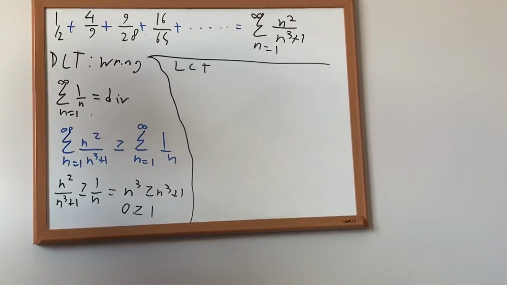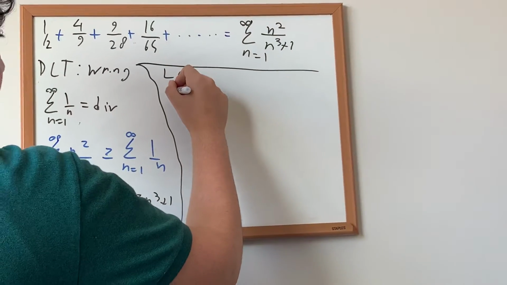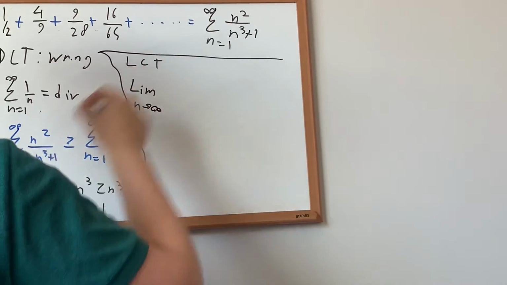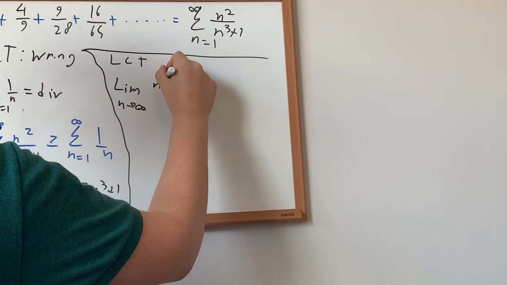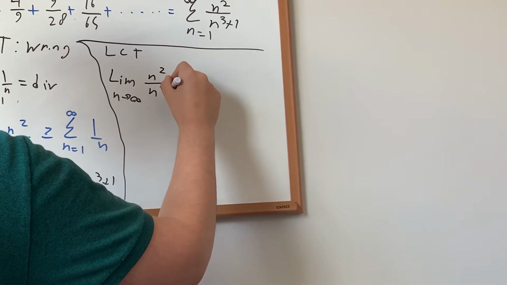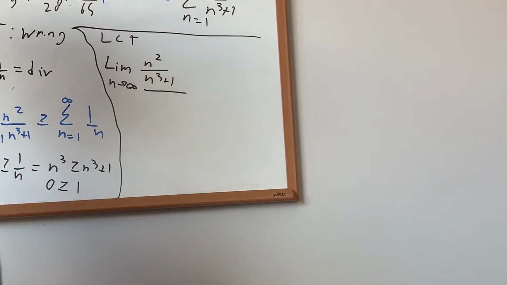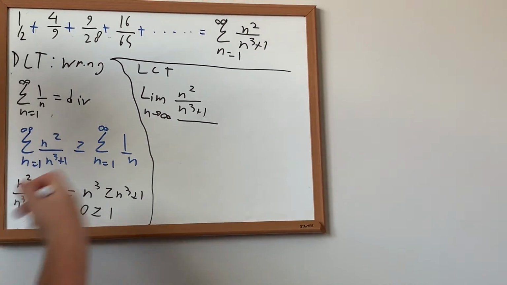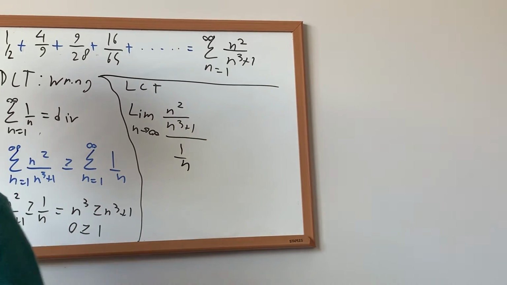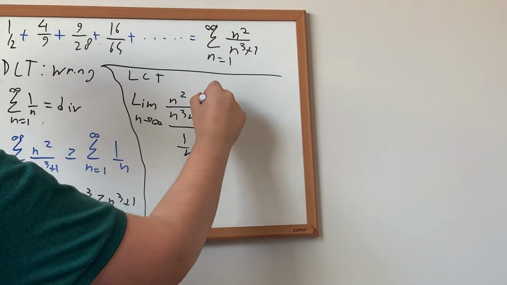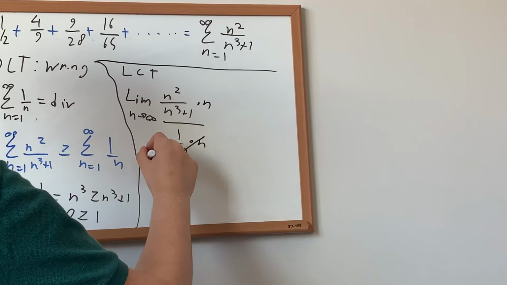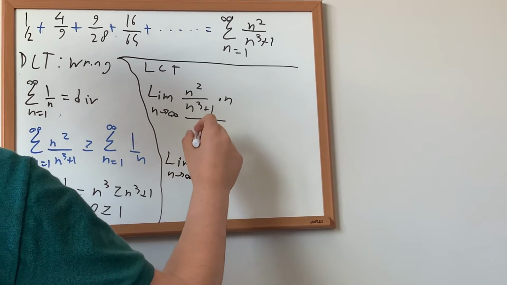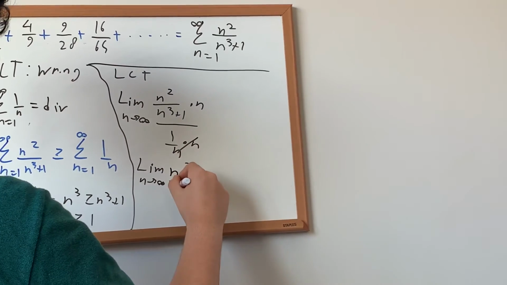So what we should do is take the limit as n approaches infinity of the original function, which is n squared over n cubed plus 1, all over the sequence we know is divergent or convergent, which is 1 over n. If you multiply both sides by n, this cancels, and we get the limit as n approaches infinity of n cubed over n cubed plus 1.